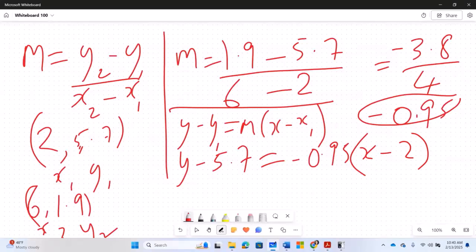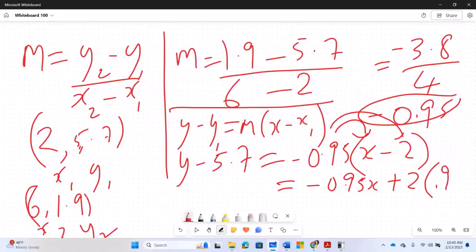So now I can distribute into the parentheses so that I have negative 0.95x, minus minus is plus, so I have plus 2 times 0.95 on the right-hand side. Then I'll add 5.7 on both sides.